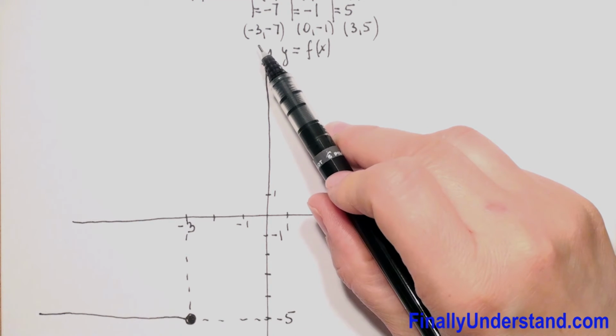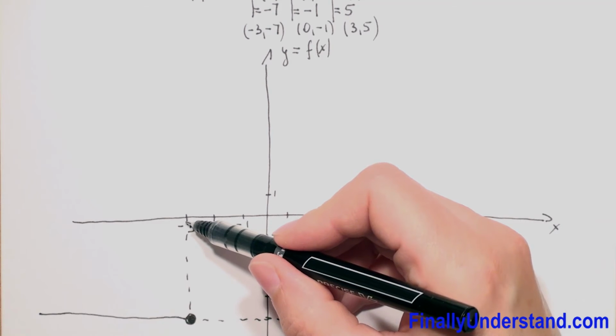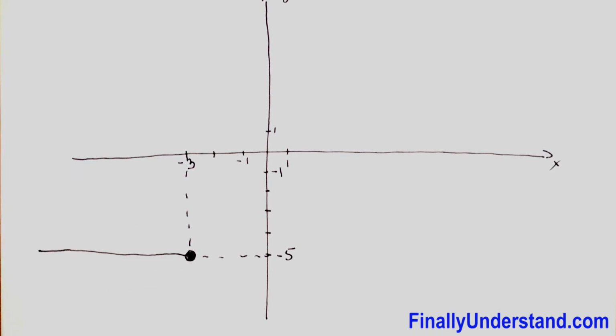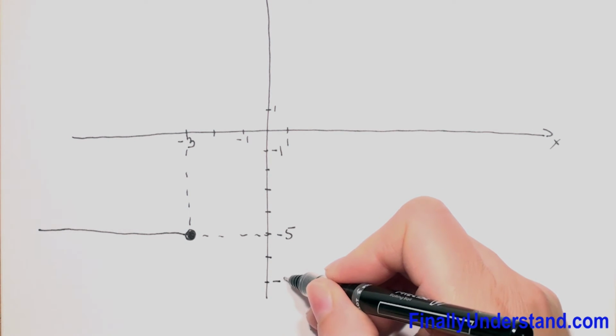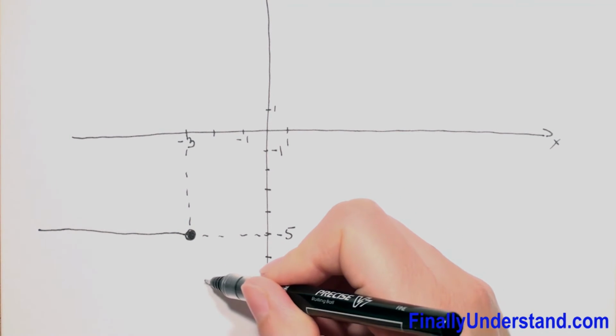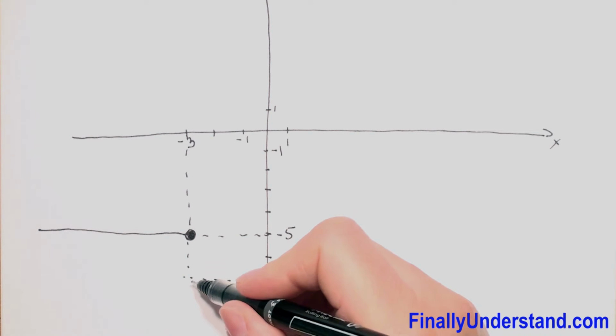So first point is negative 3, negative 7. Negative 3 and value negative 7. We have to go down. Negative 6, negative 7. Let me connect this. This is approximately negative 3.